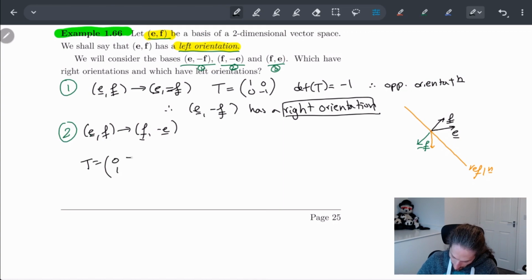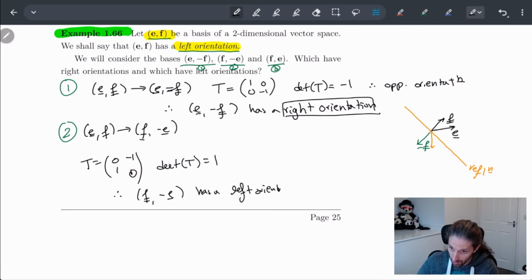The second one is minus E, so we get minus 1, 0. So the determinant of T is 0 minus minus 1, which is 1. So since the determinant is 1, therefore F, minus E has a left orientation.